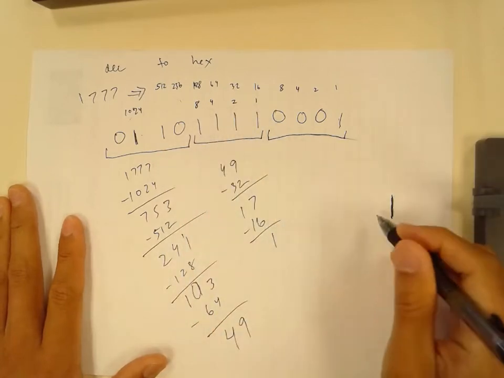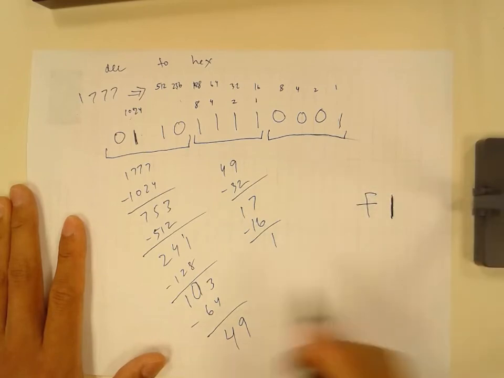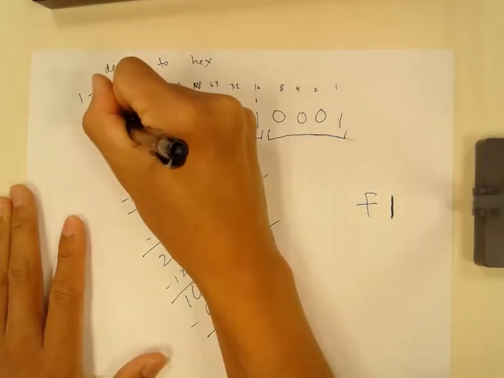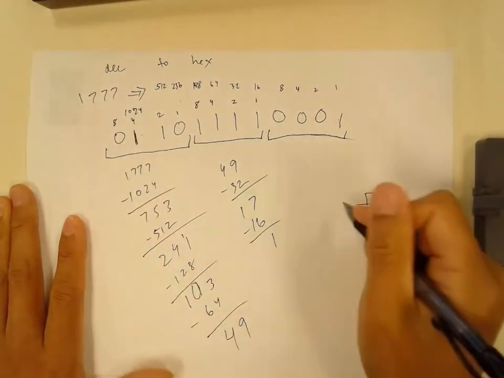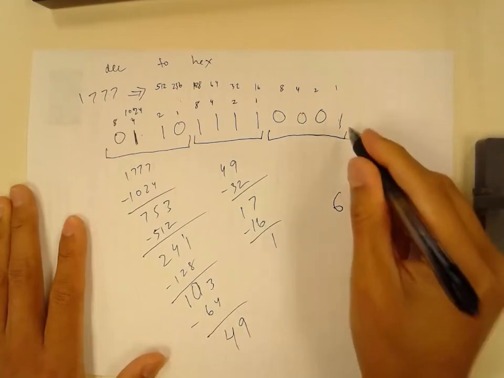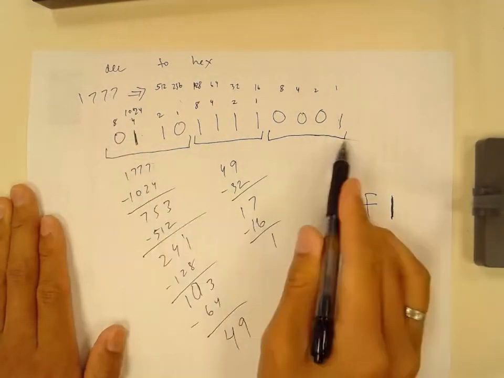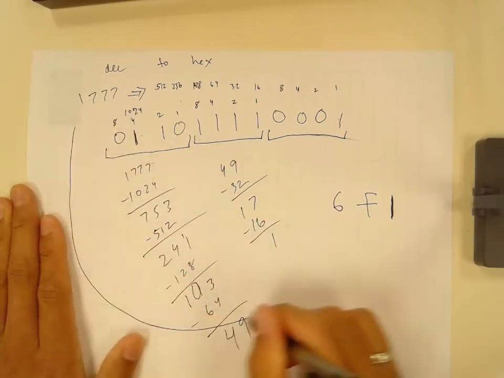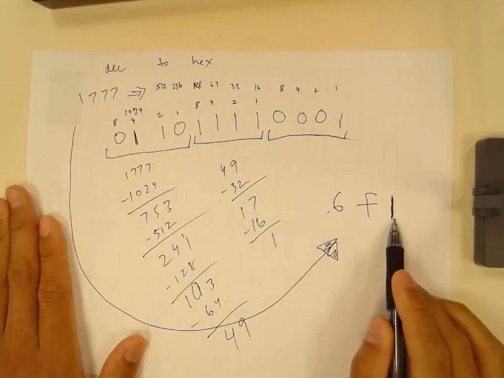And so 15 in hexadecimal is an F. And then over here, we're going to relabel 1, 2, 4, 8. And then this binary number is 6, and 6 in hexadecimal is 6. So this decimal number has a hexadecimal representation of 6F1.